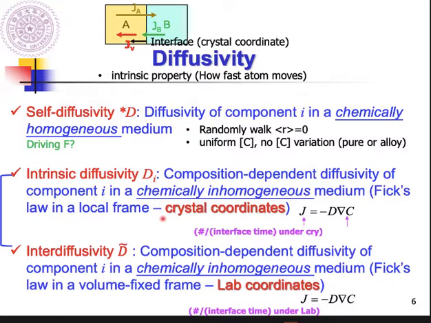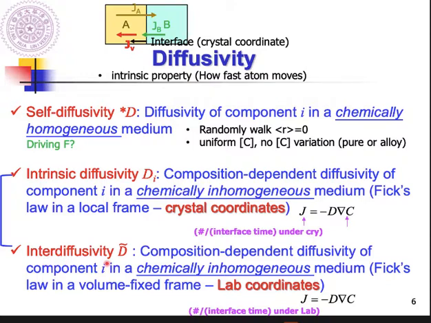Intrinsic diffusivity is described in the crystal coordinate. That means you stand at the interface or inside the material at a specific plane, and the diffusivity you measure is the intrinsic diffusivity. However, if you stand outside the material in the lab, the diffusivity you observe is called the interdiffusivity.